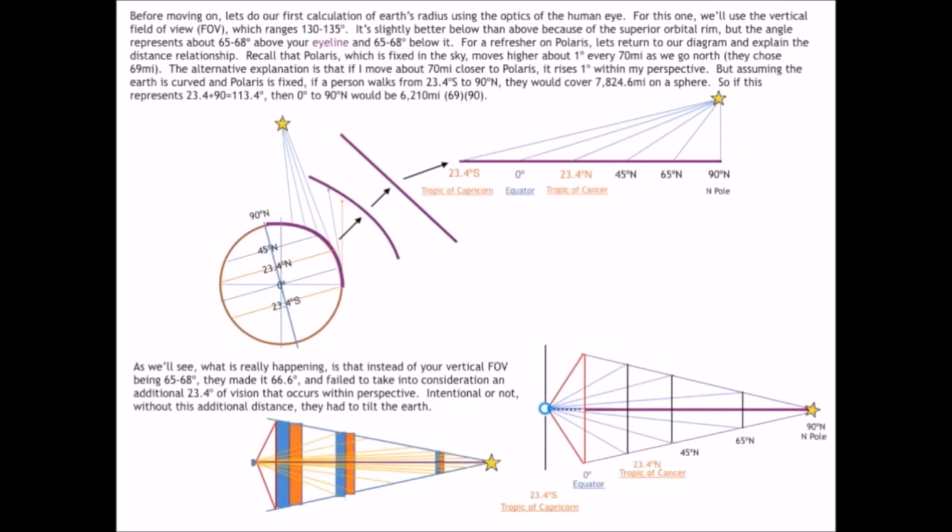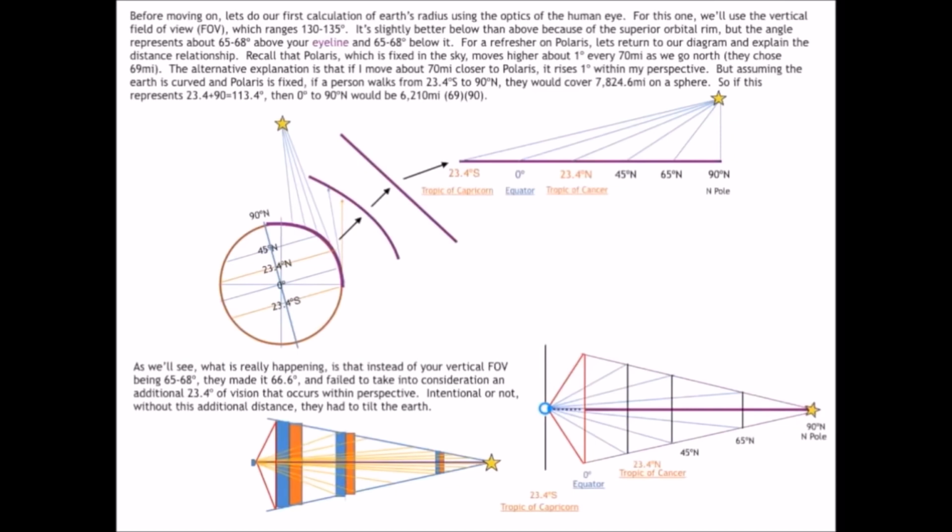So you can see we've just taken this globe representation, they've tilted it to a fixed, unmoving Polaris, thinking themselves that they are moving across the Earth to keep the fixed object within view, going 1 degree every 69 miles.